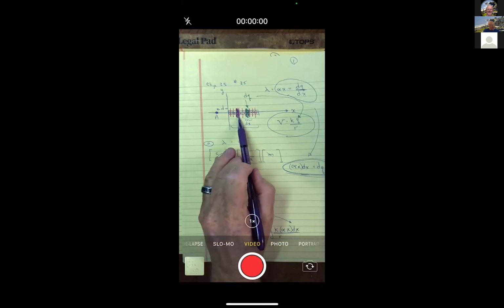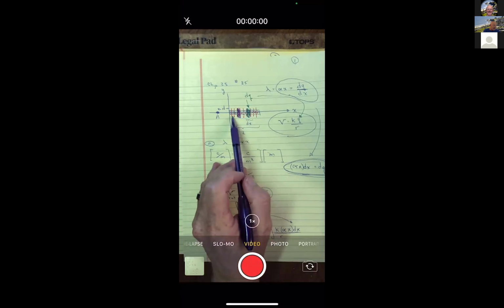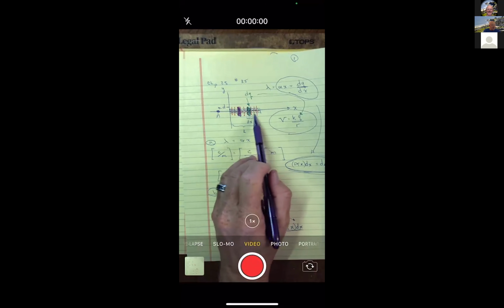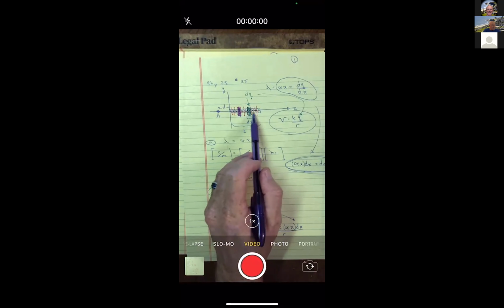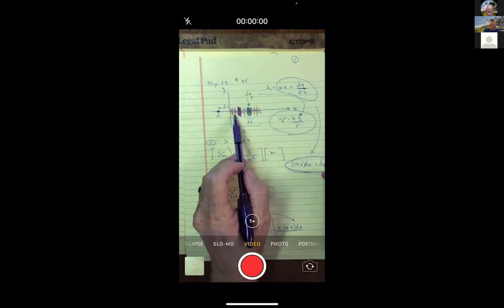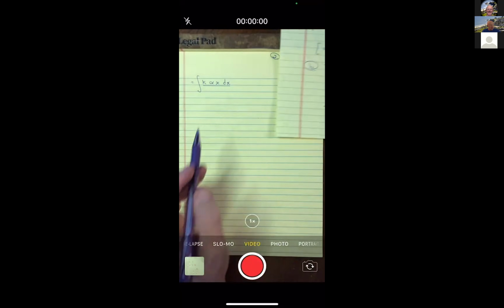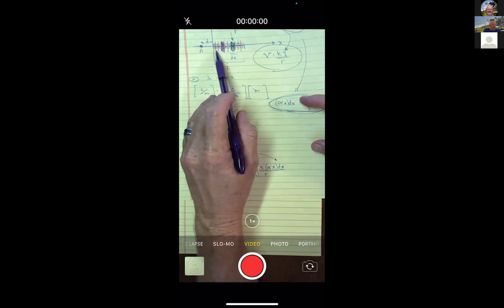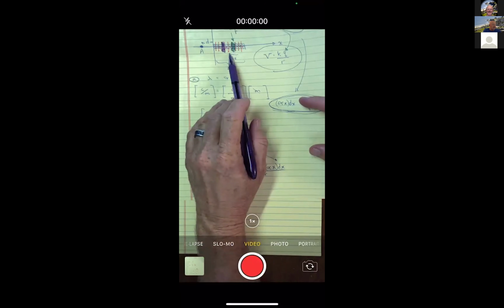But I'm adding all these together, and you can begin to see that these ones over here near the right-hand side of the rod are the furthest away, and the ones over here near the left-hand side of the rod are the closest away. And so this r down here has something to do with where that is.